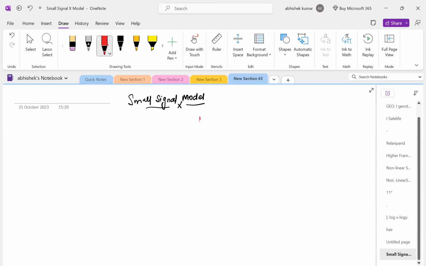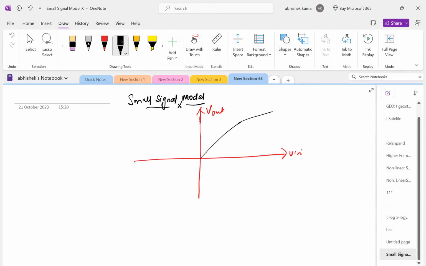You can see this is your V out and this is your V in. This is your non-linear system. We can tell that our system can be linear; I can approximate till these points, right or wrong?